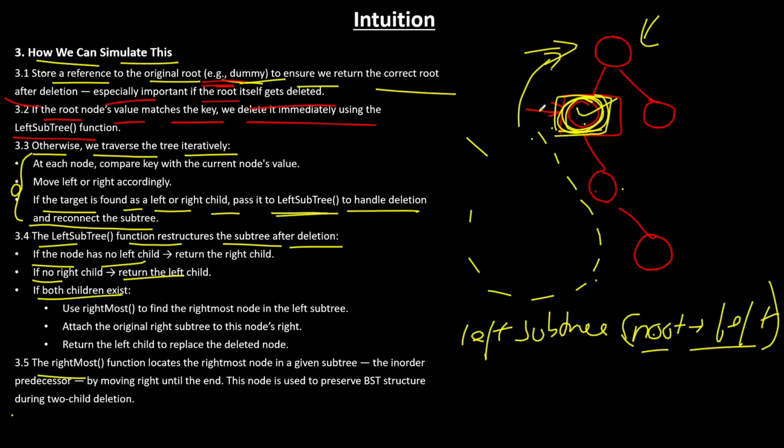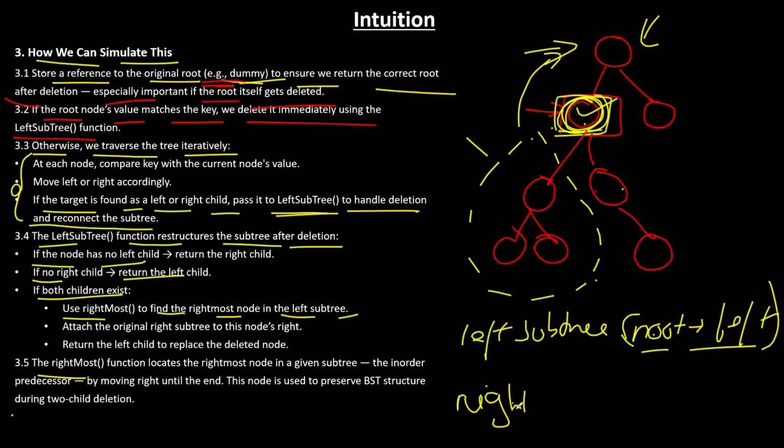But if both are there, let's say we have both, right? Now what will we do? We will use the rightmost function to find the rightmost node in the left subtree. In this case, we are taking the left subtree, please remember that. So in the rightmost function, we will pass root left's left, basically this, right?